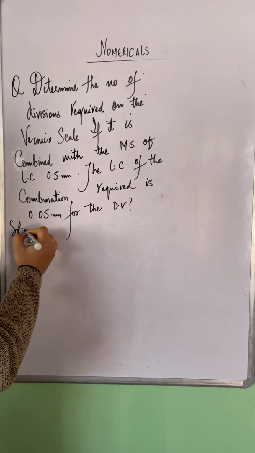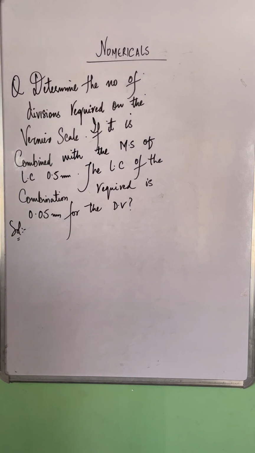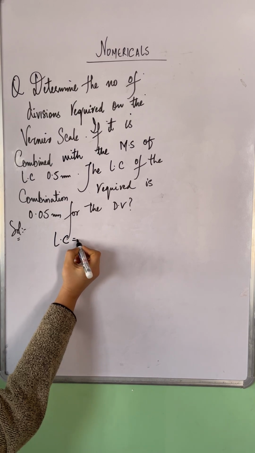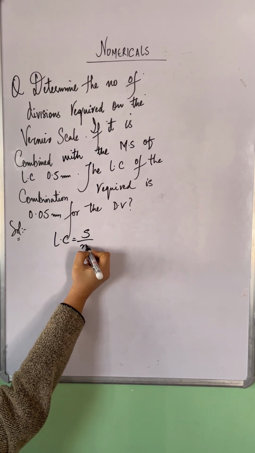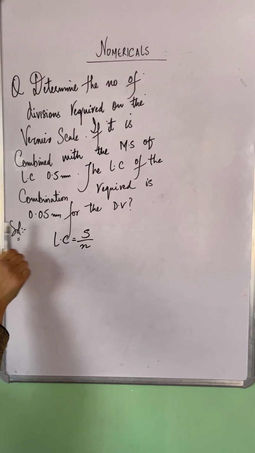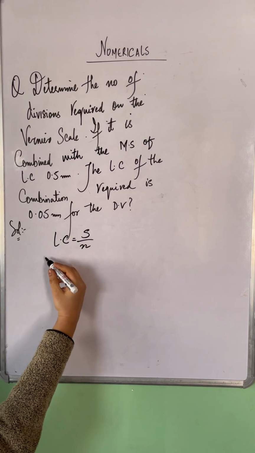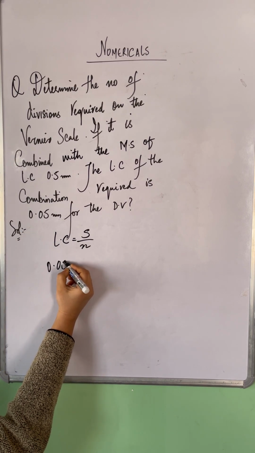What is the question? Determine the number of divisions required on the vernier scale if it is combined with the main scale of least count 0.5 mm and the least count of the combination required is 0.05 mm for the direct vernier. As we know, least count is equal to S by N. What is my least count of the combination of the vernier and the main scale? 0.05 mm.